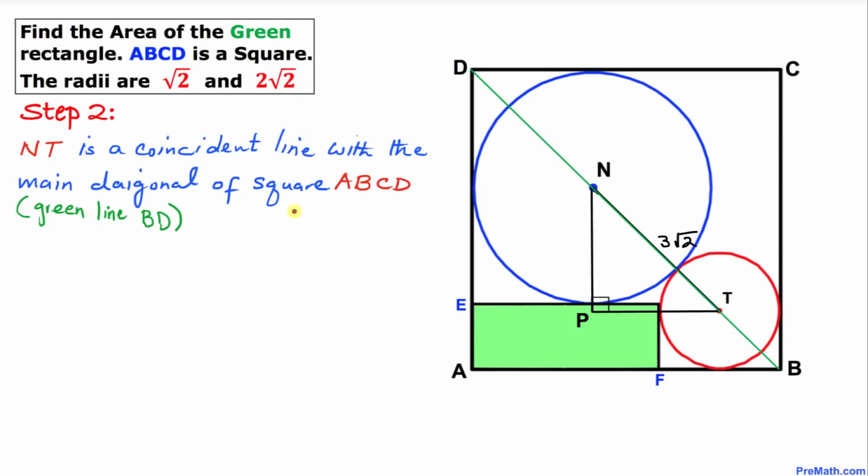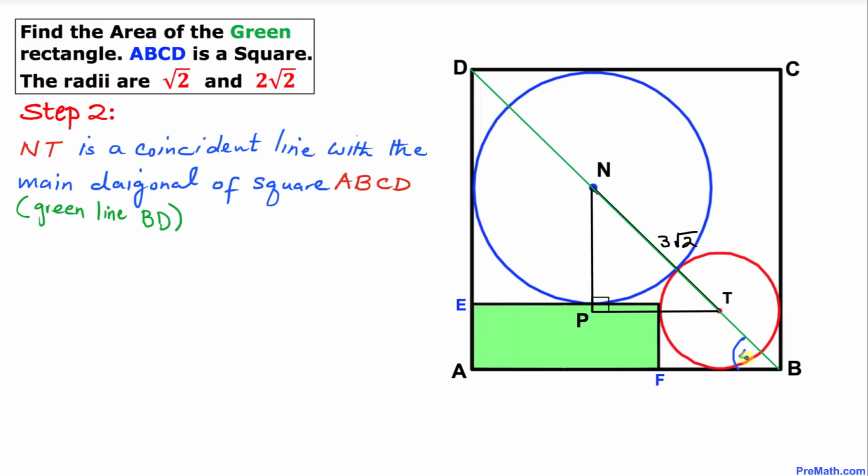Now in this next step, let's make one observation. We can see that this line BD is a main diagonal of this square ABCD. Moreover, this line segment NT is coincident with this main diagonal. We know that this angle ABD is 45 degrees because this is a main diagonal of a square.